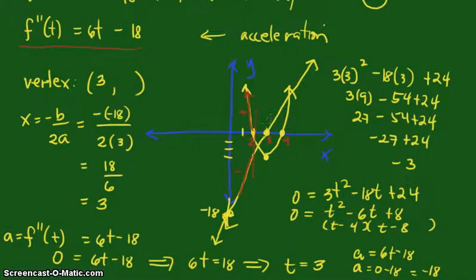Then we investigate what's happening between 2 and 3. The graph of the parabola is below the x-axis, while the graph of the line is also below the x-axis. So on this interval, it is speeding up. Then we go to 3 to 4.